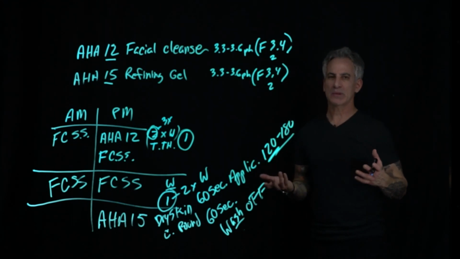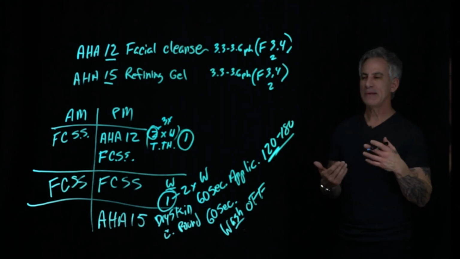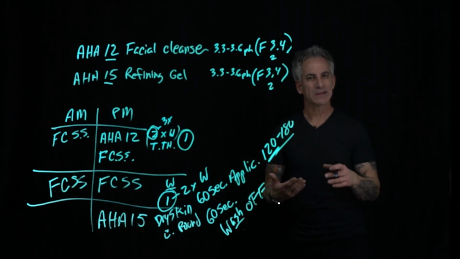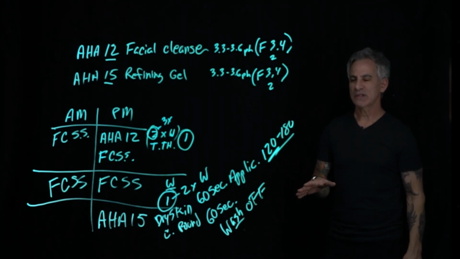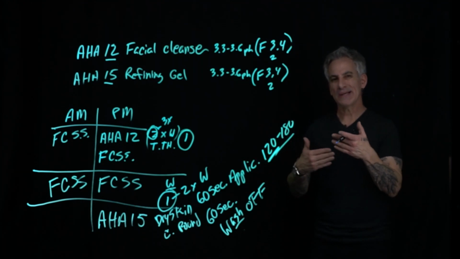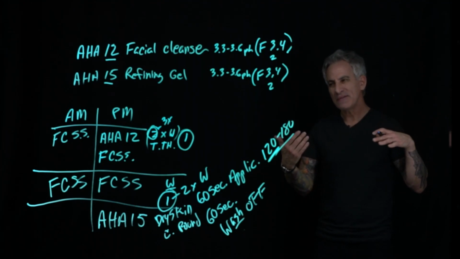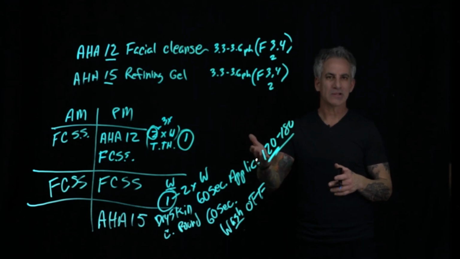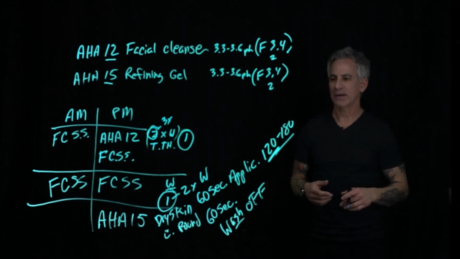Even diluting with plenty of water on either product, you could wet the face and use a cotton round with the 15 and dilute a little, but that's not really what it's for. You would want to use the AHA12 for that because it's already a soap and a surfactant, so it fits neatly as a cleanser and glycolic acid exfoliator.